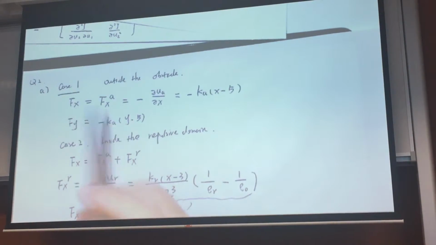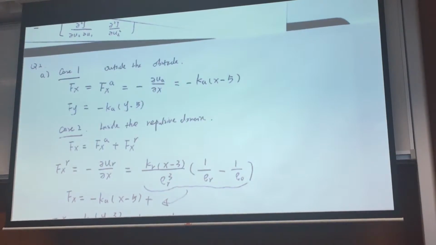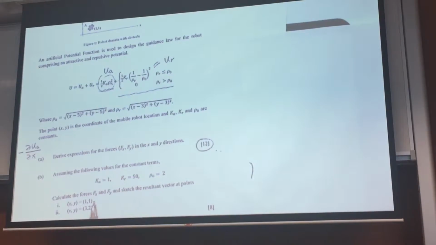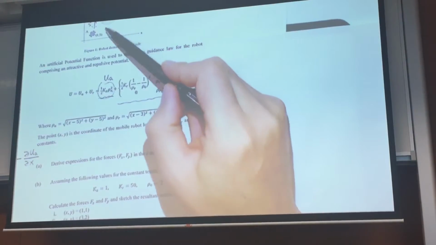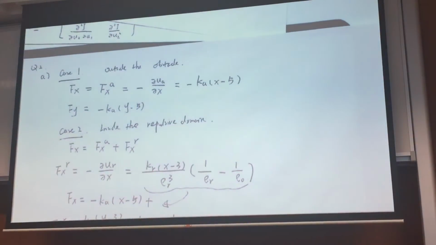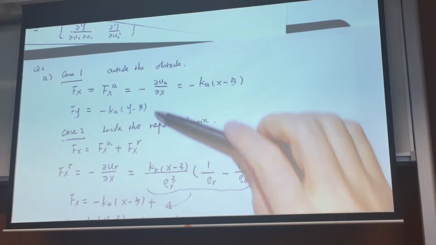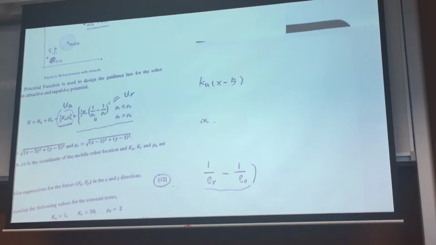But you got case 1 and case 2, two locations, so you need to check whether the vehicle is inside the repulsive domain or outside the repulsive domain. So you know which equations to follow. These are the only trick required here.